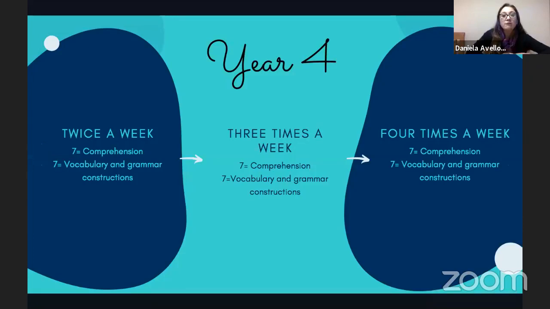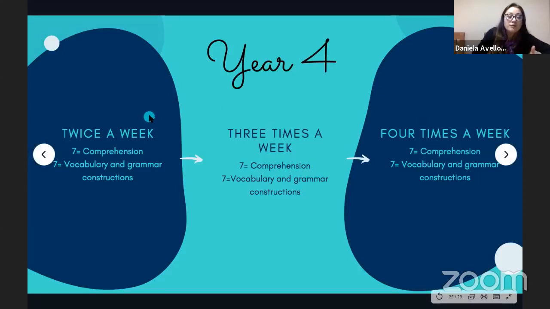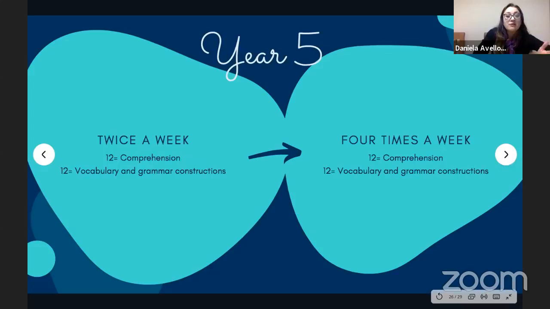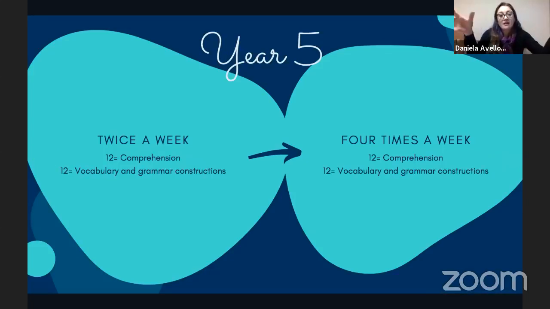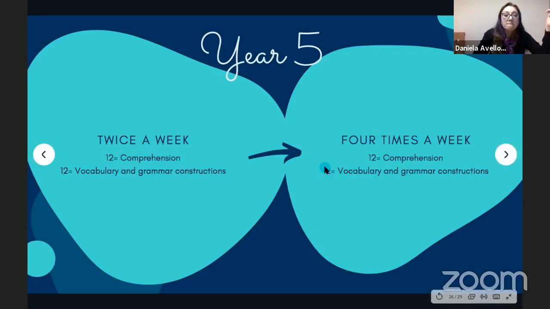When working with year 4 students, they were subdivided into 3 groups in terms of the distribution of the sessions. Either they watched 2 or 3 or 4 episodes a week, and the same in year 5, but here I had the possibility to work with 2 big groups, who were separated by watching 2 episodes or 4 episodes a week.